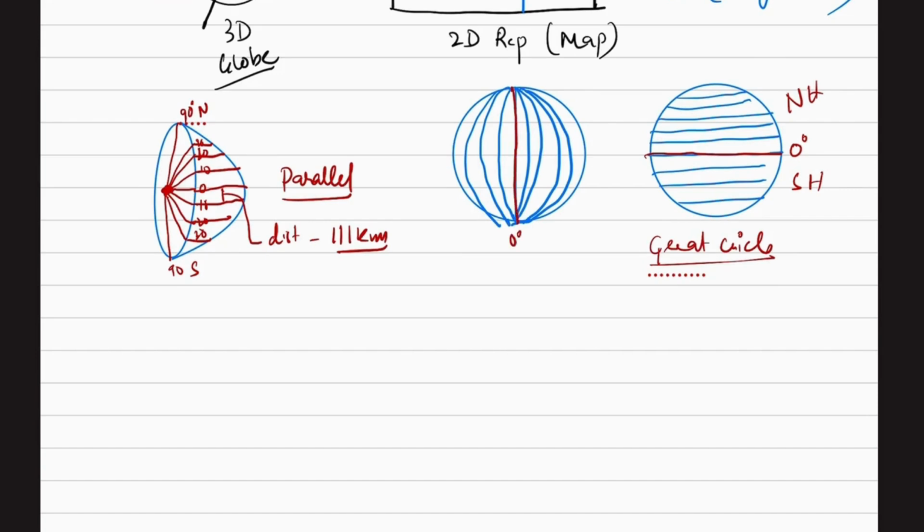This is a 0 degree, which is known as prime meridian. It divides the earth into eastern hemisphere and the western hemisphere.